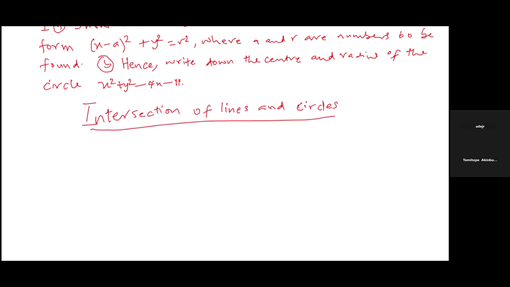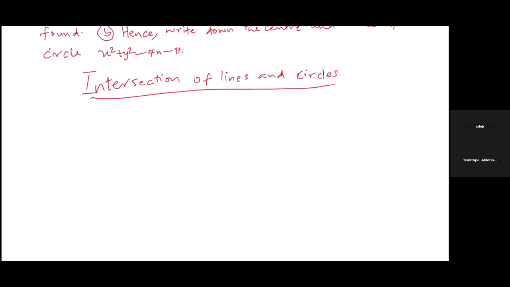It's possible for a line to intersect a circle at one point, and it's also possible to intersect it at 2 points. Is that clear? Yes, sir.